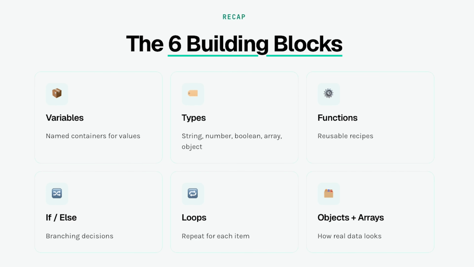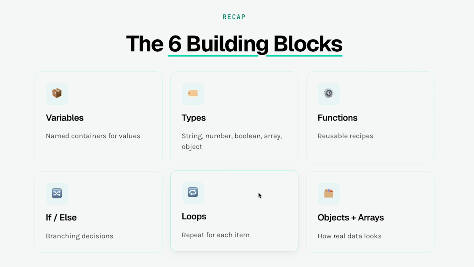So to recap, you have variables, which are named containers for values. You have types, which are string, number, boolean, array, and object. A variable can be any of these types. Then you have functions, which are input in, output out, a reusable recipe that works around these variables. Then you have if-else statements, which take care of the branching logic in your code.